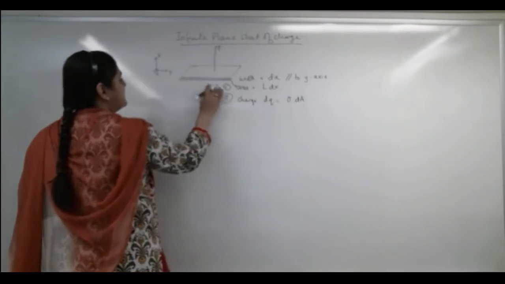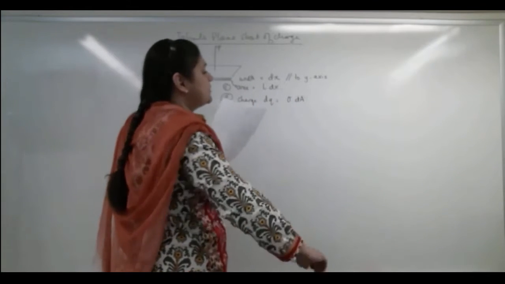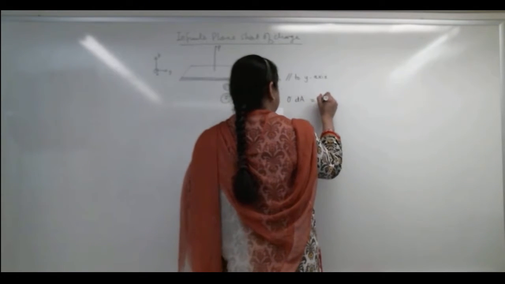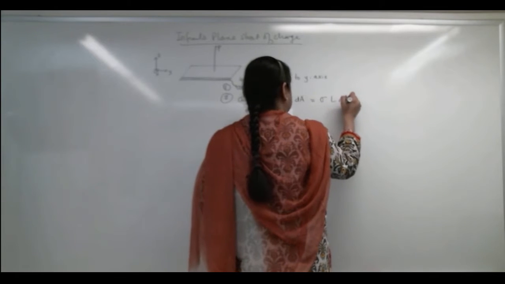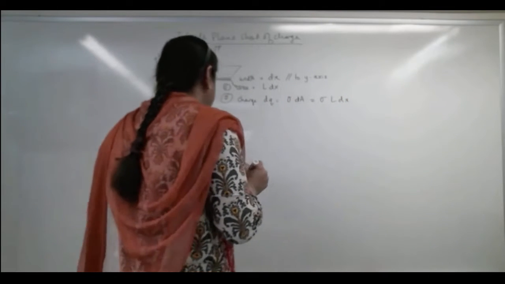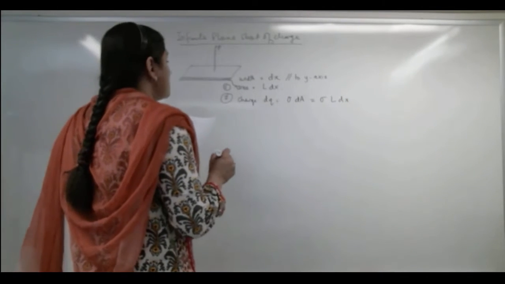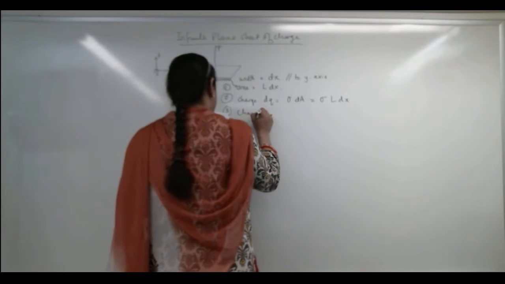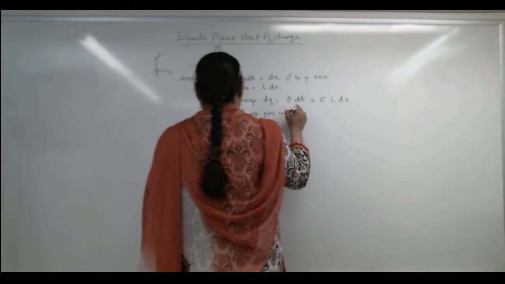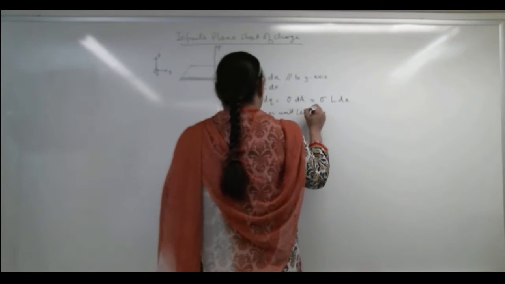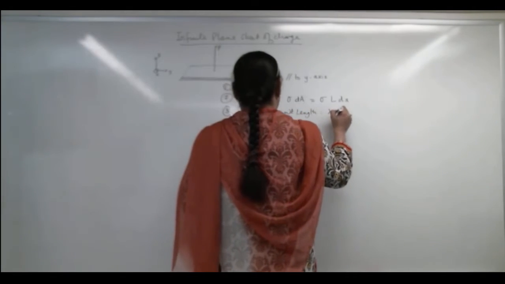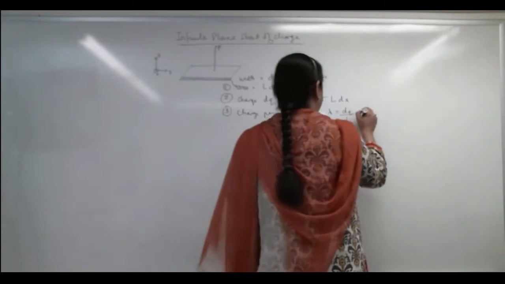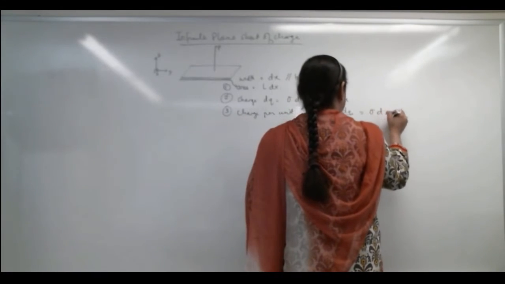Why? Because now it is a surface charge density, so we're going to need the area, which is going to be sigma L dx. Okay? Then the charge per unit length is going to be dq over dl, or sigma dx.